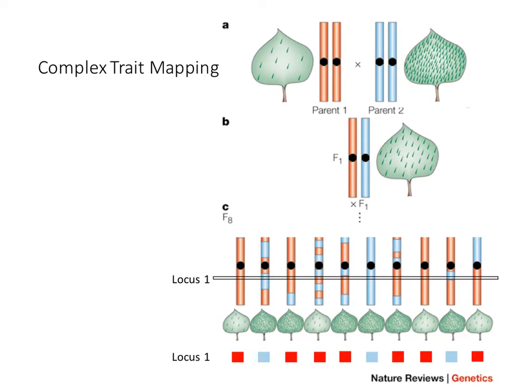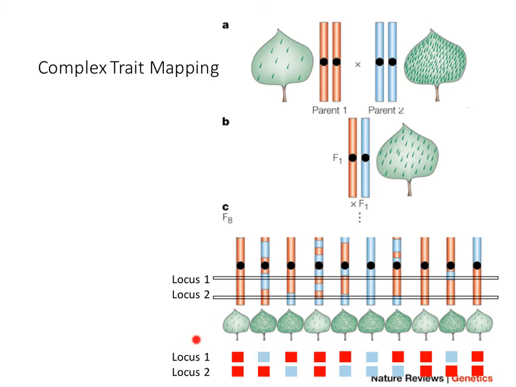So we've got one locus here where most of the individuals that have red have few hairs on the leaves. If you add a second locus a little bit farther down, you can see on the bottom, I've summarized the phenotypes of these individuals down here and their genotypes. So every individual that is hairless or relatively less hairy is red at gene 1 and red at gene 2.